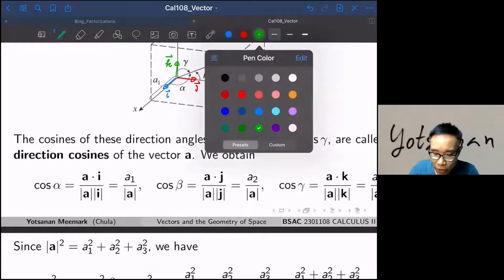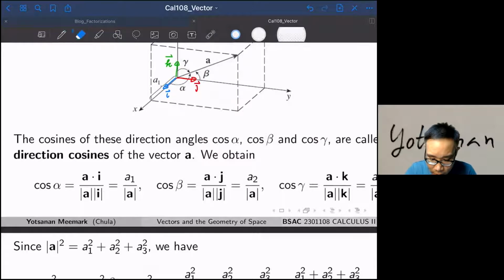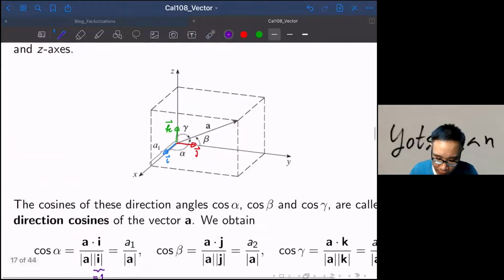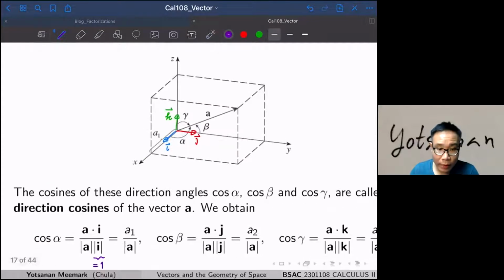From the formula for the dot product, cos alpha equals A dot i over norm A, norm i. Norm i is equal to 1, so it disappears.